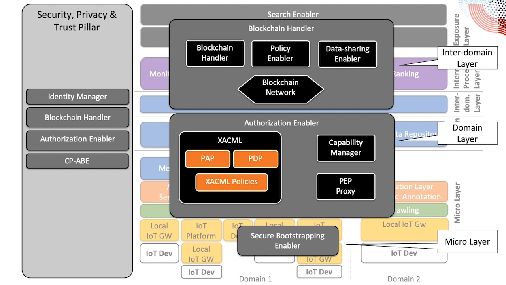In the domain layer, we find an authorization mechanism which is based over capabilities and called Distributed Capability-Based Access Control, DCapBAC. It decouples the well-known XACML framework into two different phases: the decision and enforcement.